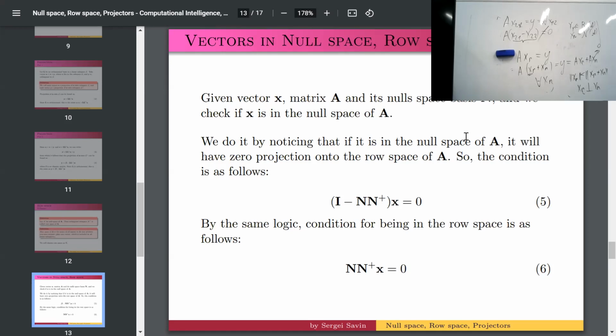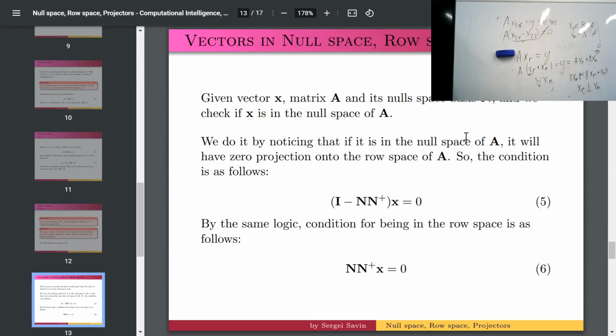Well, this is the projection onto the row space, expression number 5, and it should be 0. So this is a condition, basically. Expression number 5 is a condition for x to be in the null space. Looks a little bit strange, maybe, but it is perfectly usable. Now, the condition that the vector is in the row space is expression number 6: just project it into the null space and prove that it is 0.